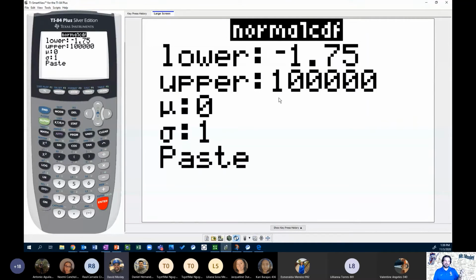For this problem, there is no upper bound established, so I just choose a number that's, like I said, unreasonably large to ensure that I'm not losing any accuracy. So it's kind of an arbitrary number, but it's arbitrarily large.